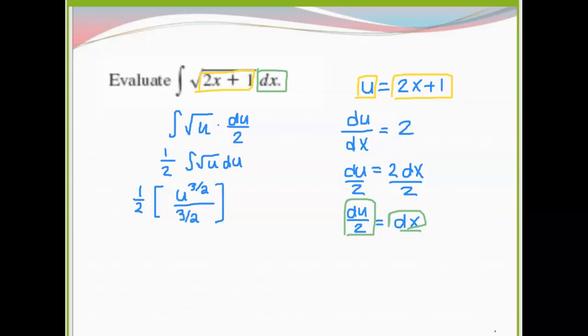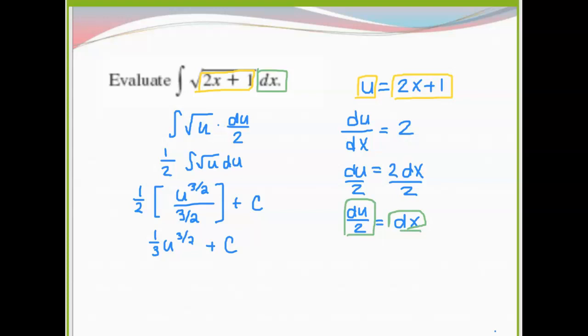And then this time, it's indefinite, so you have a plus c. So 1/2 times 2/3, because dividing by 3 over 2 is really like multiplying by 2 over 3, becomes 1/3 u to the 3/2 plus c.